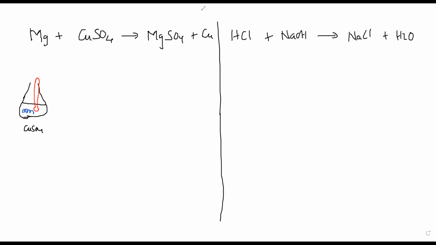Second thing: this is also an exothermic reaction. So I'm adding NaOH from a burette, and HCl is in the conical flask. There is no indicator here, because then how will I come to know when the reaction is over? From the temperature change.